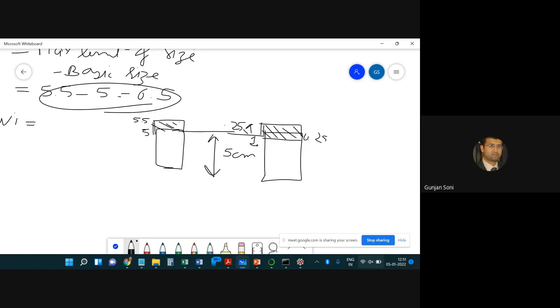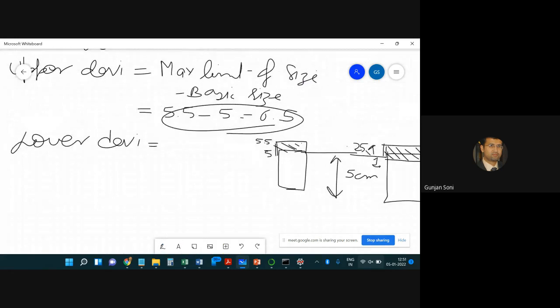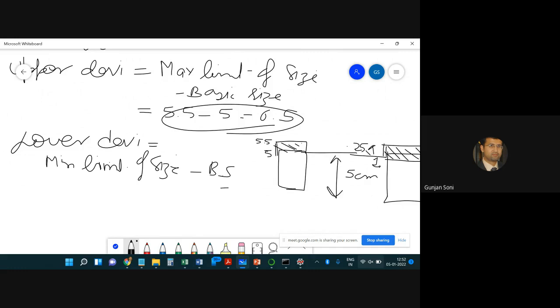That's all. Within that you can make your own positive-side definition, no problem, but this seems more generic. Similarly, lower deviation is the algebraic difference between the minimum limit of size and its corresponding basic size. Okay, this is your lower deviation.